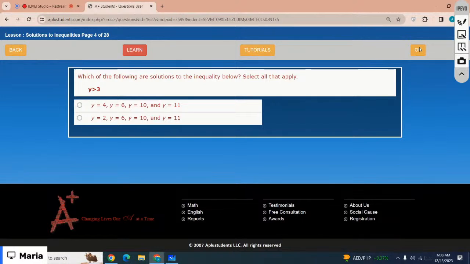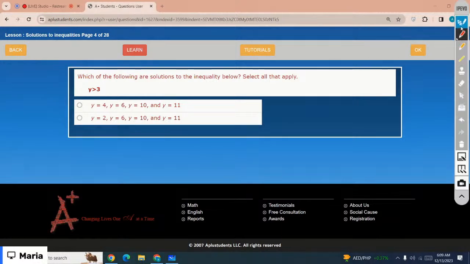Which of the following are solutions to the inequality? Which is the correct option? The inequality is y is greater than 3. So which is the correct option? Which numbers are greater than 3?